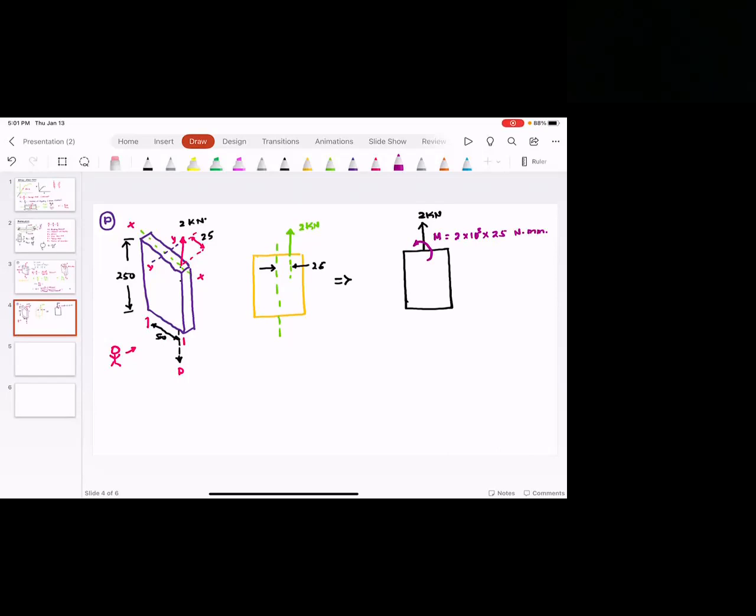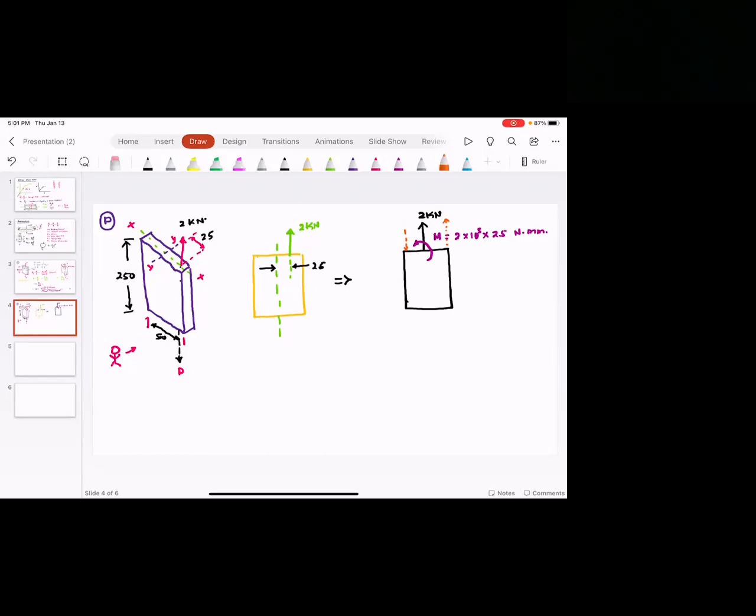The most important part here is to understand that the moment is counterclockwise, which means the moment is pushing the left hand side down and pulling the right hand side up. So because of this moment, this side is going to go up and this side is going to go down.